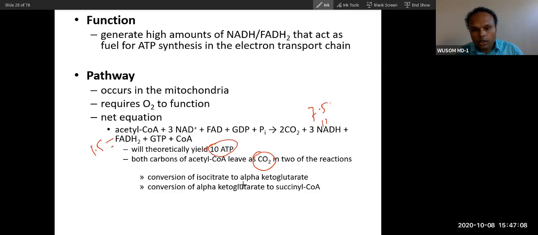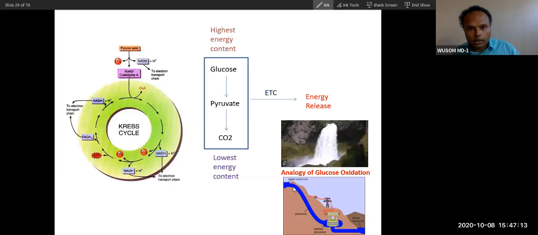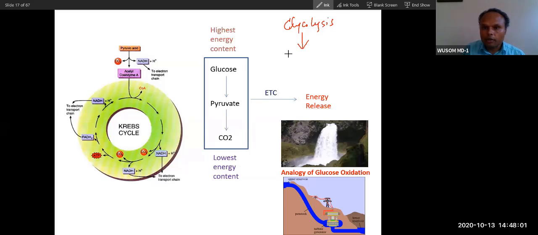Conversion of isocitrate happens at which places? These places. So we will talk about these places. So here we will end this process. This we studied, conversion of glucose to pyruvate. As you can see, in glycolysis, glucose converts into pyruvate, and in this process energy is released. Now we are in the process of talking from pyruvate to carbon dioxide.